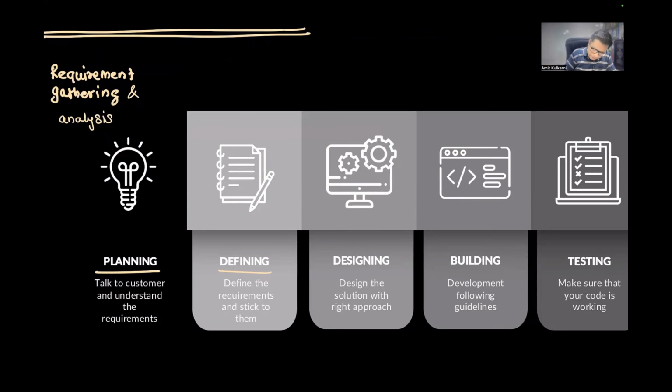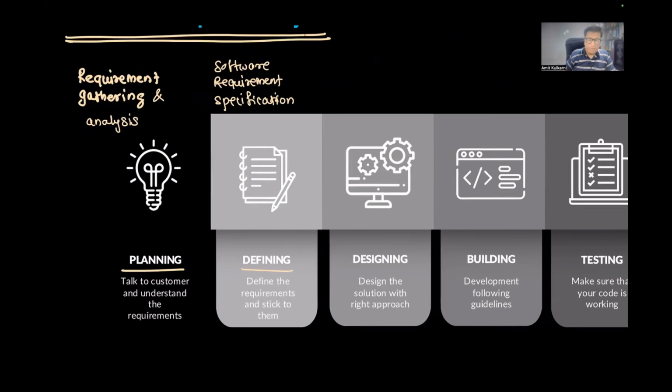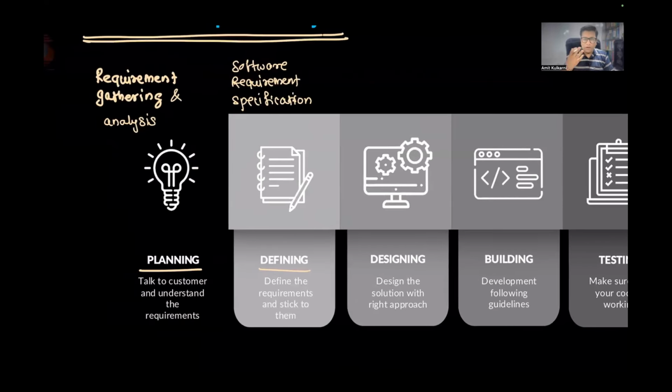Better for me to write it here. This is known as a software requirement specification. This is the document which contains all the requirements that you as a developer will work on, and that the client, the one who is going to pay for the services, will get from you.